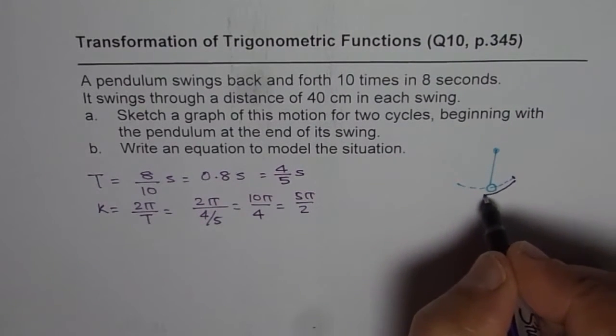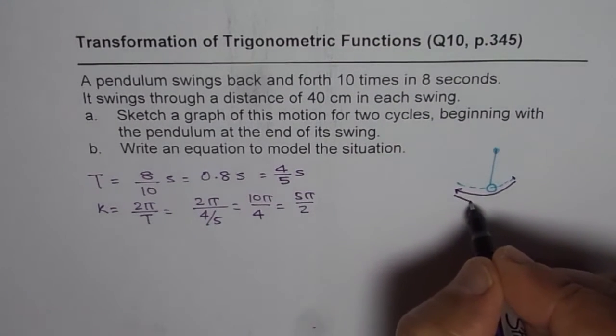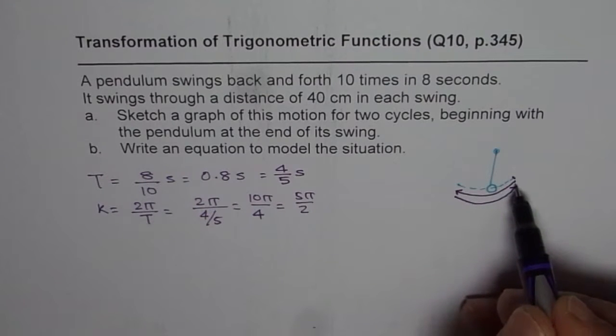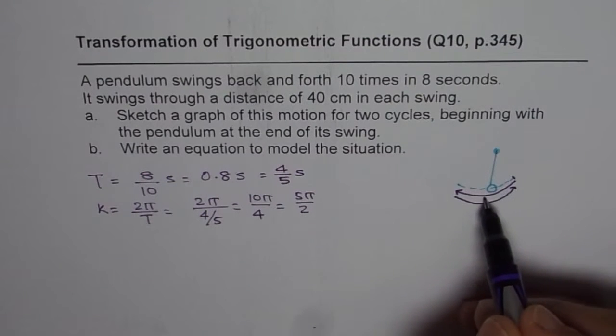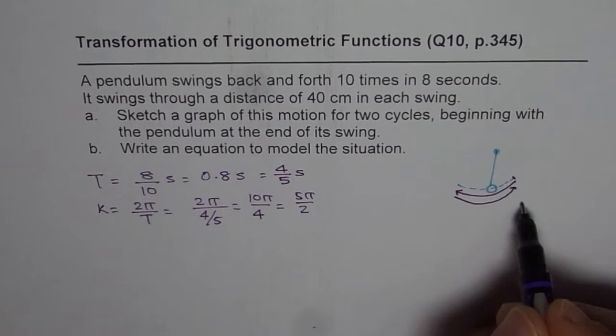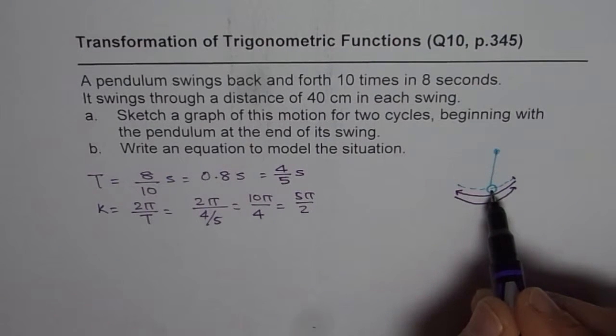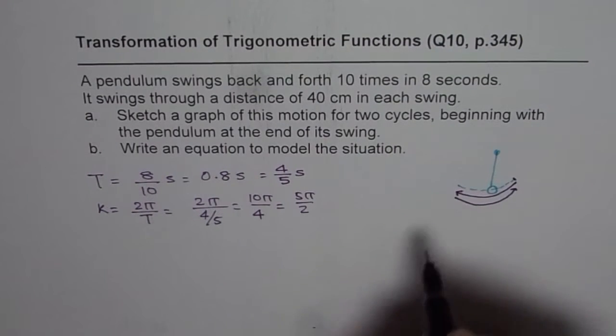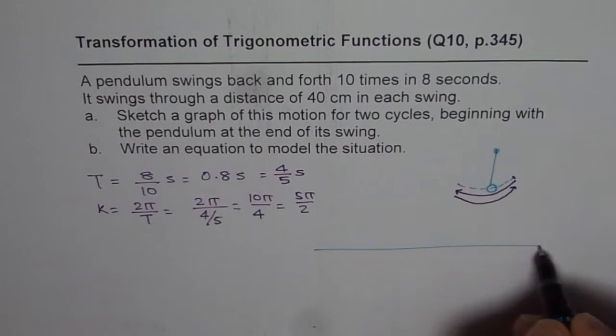So to start with, we have a maximum, and then it goes to the minimum, taking the right side to be positive, this position to be 0, and the left side to be negative. Based on that, we are going to graph our wave.